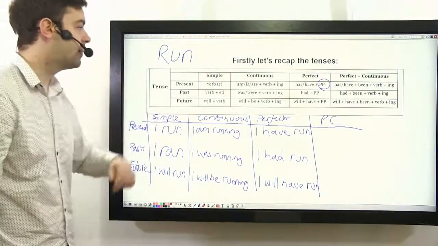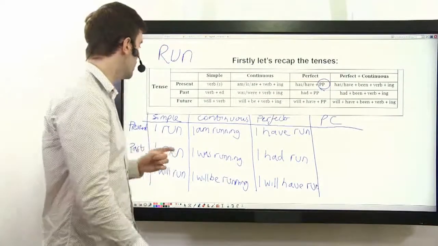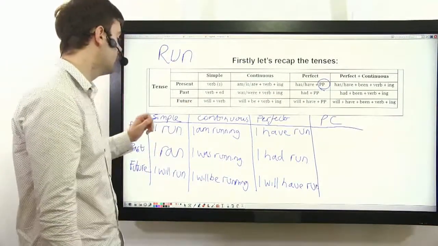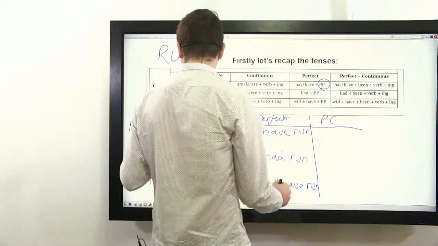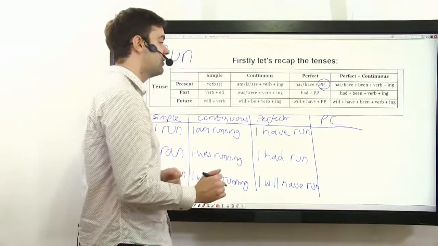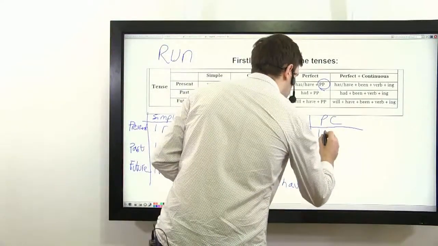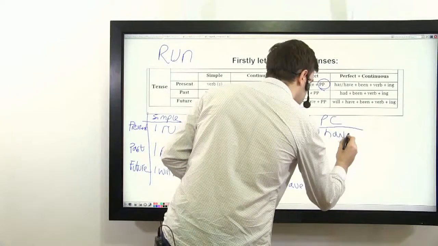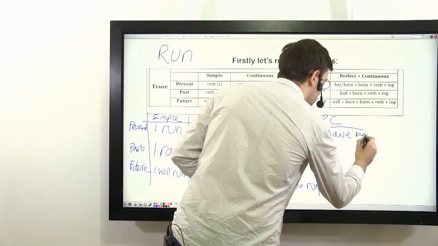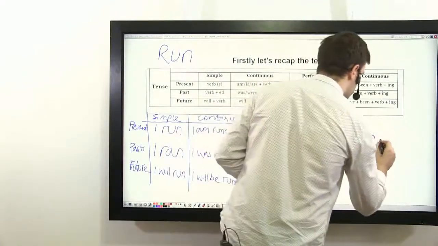And finally, the perfect continuous. So the perfect continuous, let's do the present perfect continuous first. I have been running.